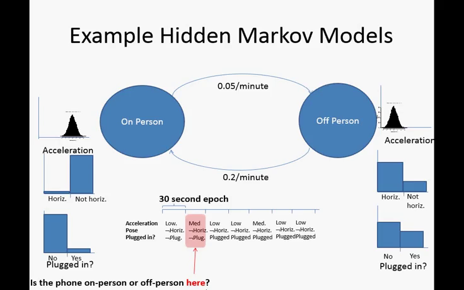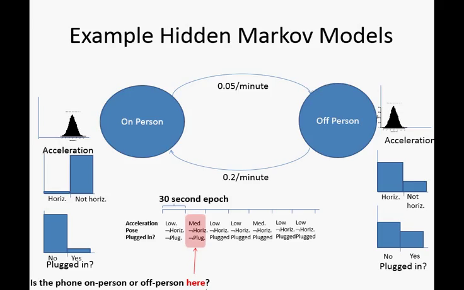We can actually directly estimate these distributions from that ground truth data, or more typically from a subset of that we'll use for training. What that means is, from a subset of the data that's set aside for building this model, we will identify for each of the states, on person, off person, let's say, standard deviations and means, say, for the acceleration, the norm of the acceleration.